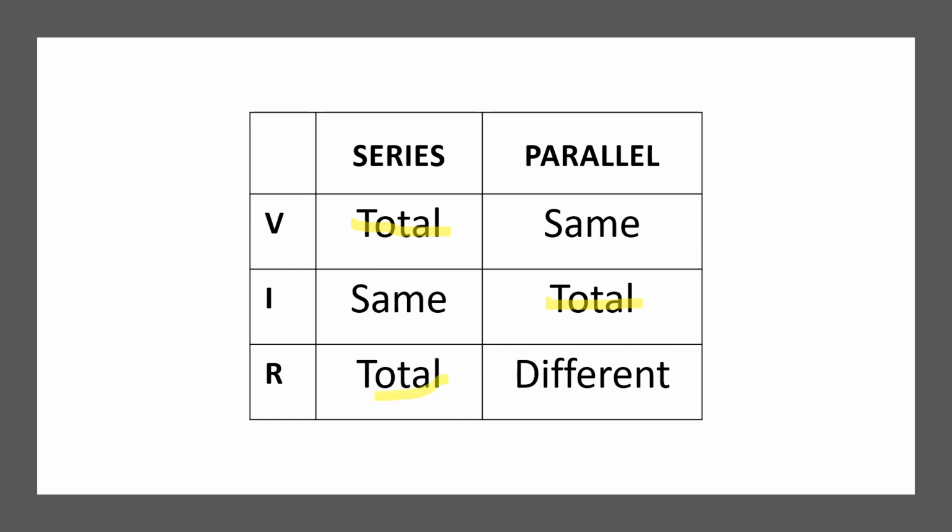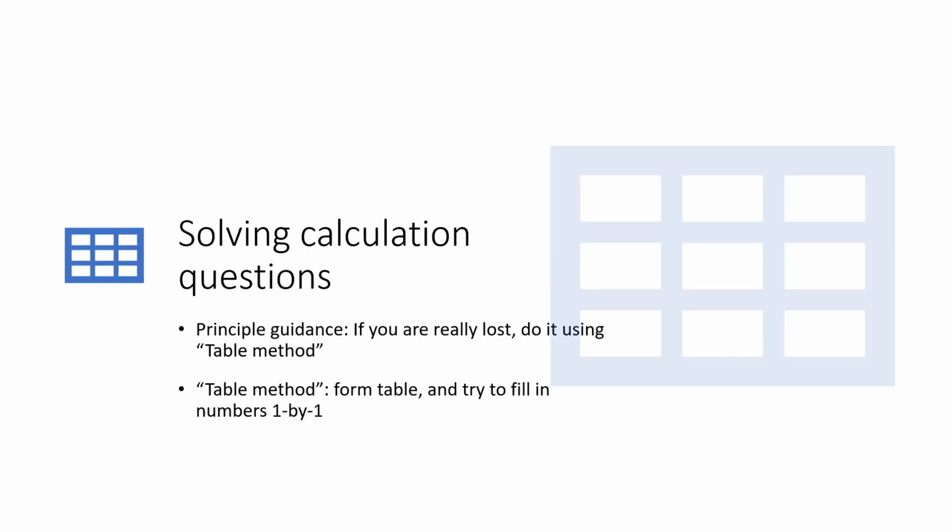For series, the resistance is the sum of all the R's, whereas it's different for parallel. In parallel, V same; in series, I same. An easier way to remember all these is series, I same; parallel, V same. The rest are derived from the formula. So this one you need to know, and we'll move on.